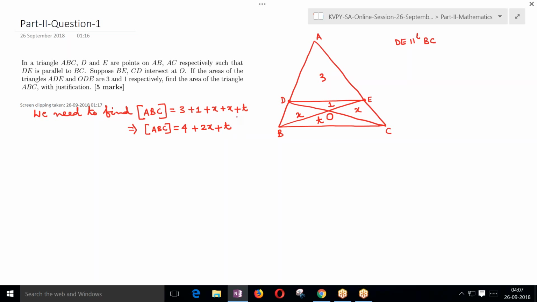Now there is a fundamental principle that we need to apply: the ratio of the areas of two triangles having equal altitudes is the same as the ratio of their respective bases. Let me write it down.